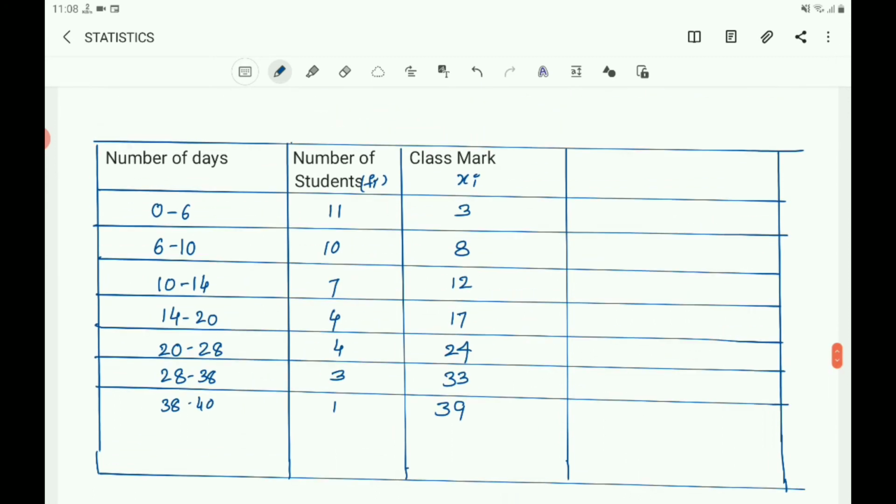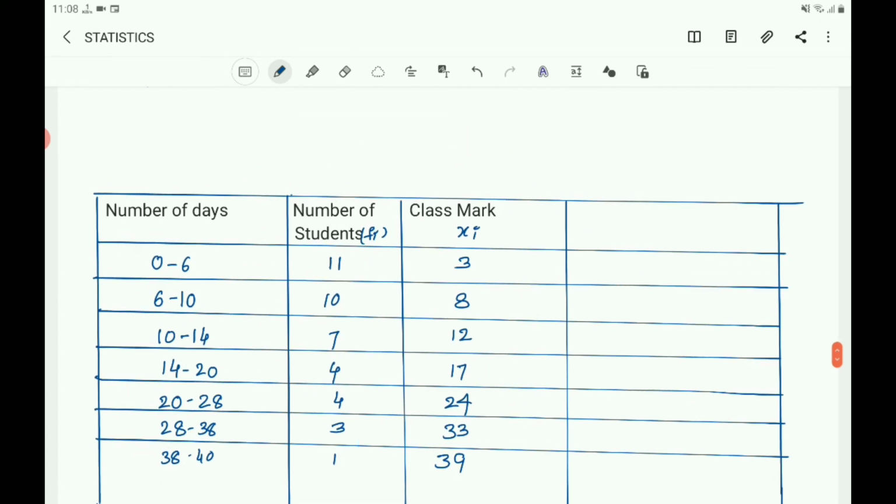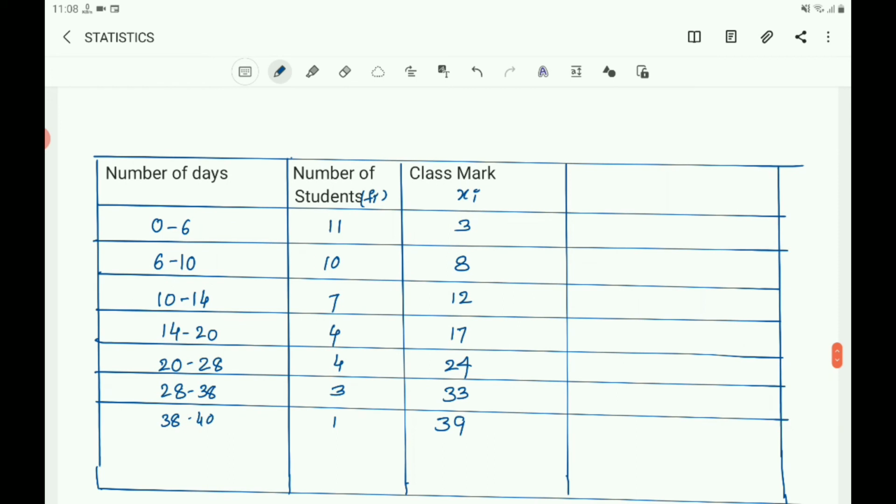In this way you got the class marks. So here, if it is difficult to add and divide, you do it separately. Here I have done it orally. You can do it by actual calculation with your hand, and also orally because the numbers are small here.